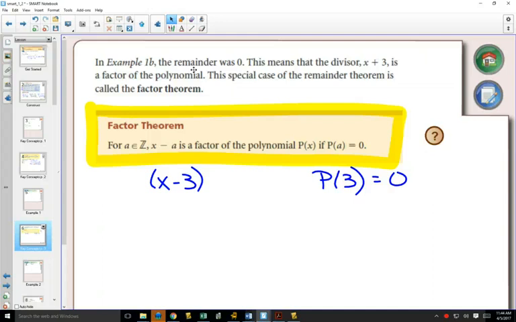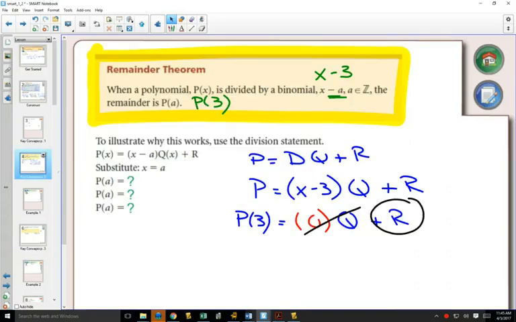So now when we want to find a remainder of something, we can do that by plugging in that value and using the remainder theorem. So if I want to find a remainder when I divide by x minus 3, I can either plug in 3, or I can still use synthetic or long division to actually figure it out.